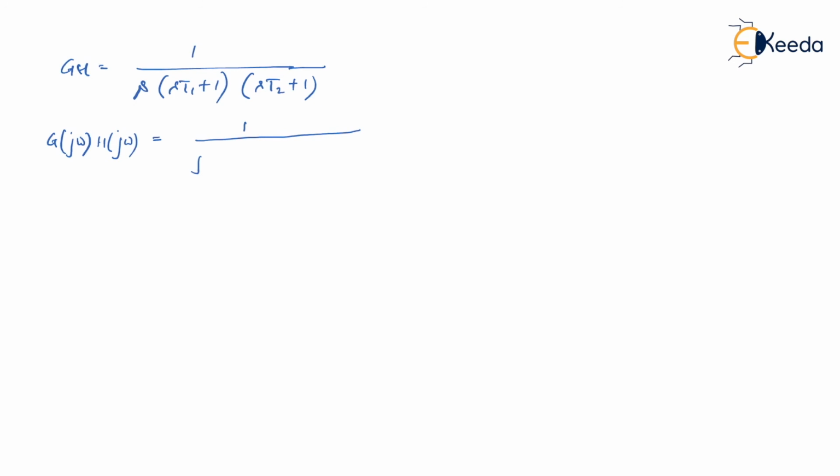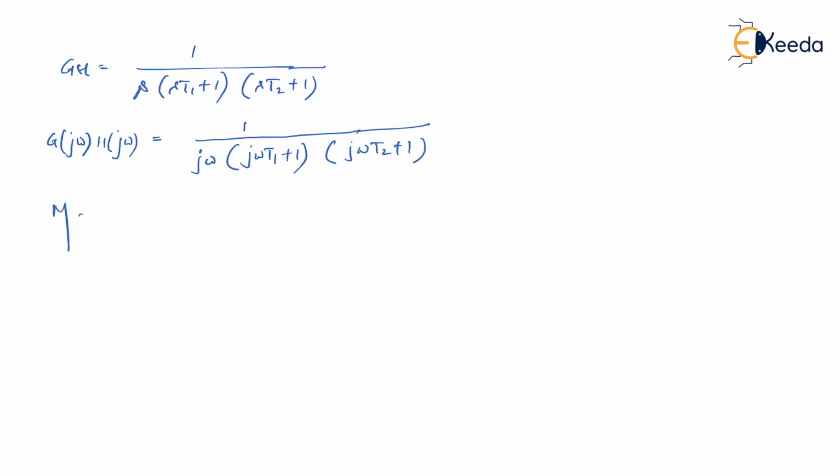Consider your GH as 1 upon S into (S t1 plus 1) multiplied by (S t2 plus 1), and again substitute S equal to j omega. You will get G of j omega, H of j omega as 1 over j omega, then (j omega t1 plus 1), (j omega t2 plus 1).